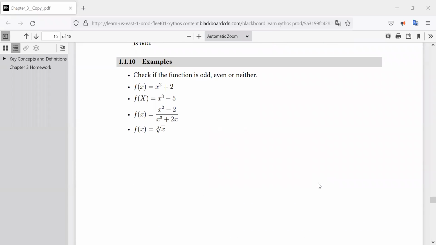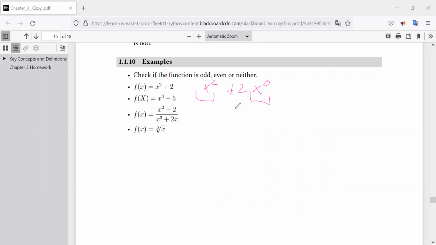So before we wrap this one up, this can be written as x squared plus 2 times x to the 0. X squared is going to be an even function. You can check that pretty easily. X to the 0 is just a constant function.